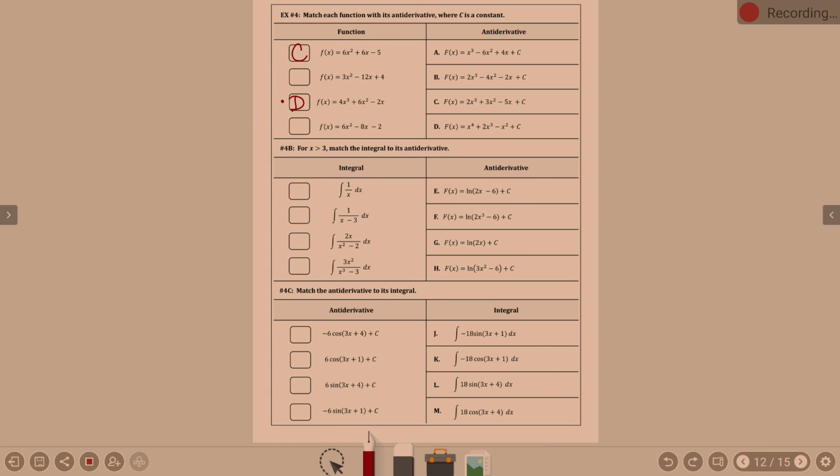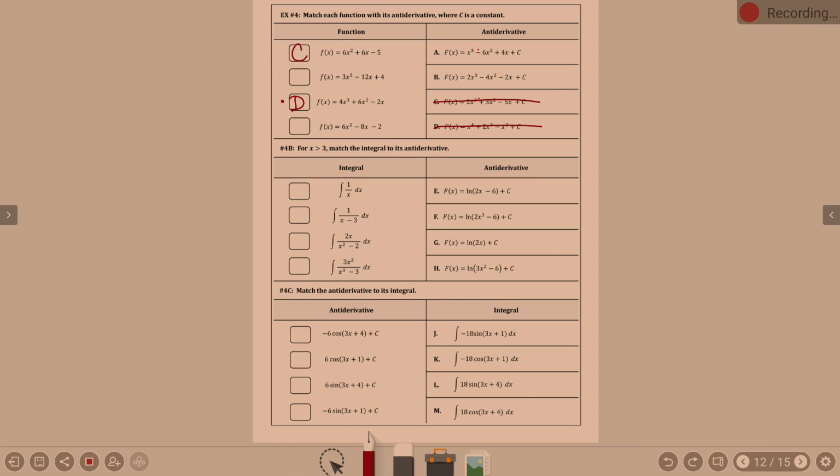It's matching, and these are things to look for. Technically D was gone. Of the ones left, look at the signs: minus, minus, minus, minus, plus. Does it work? Yeah. 6x squared, 6x, minus 5. That works.